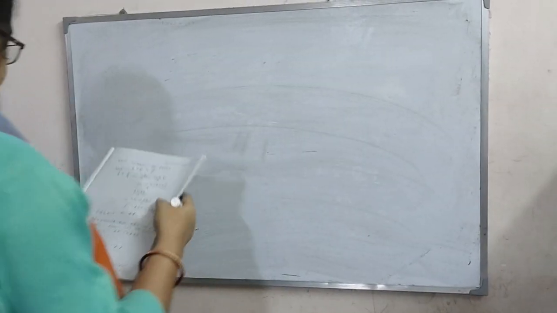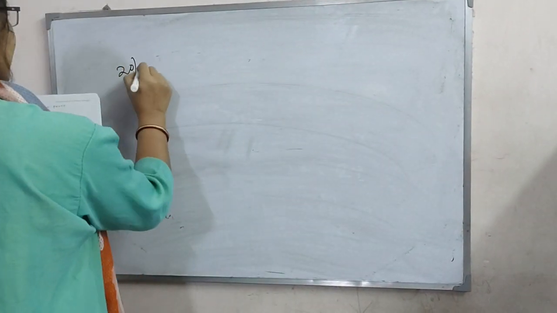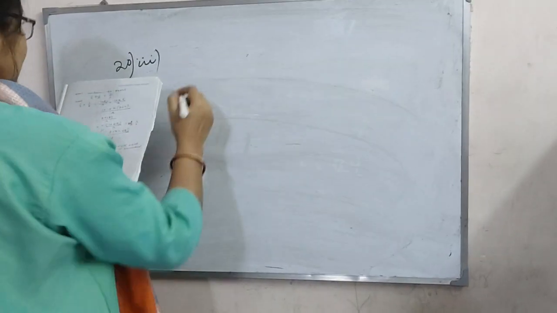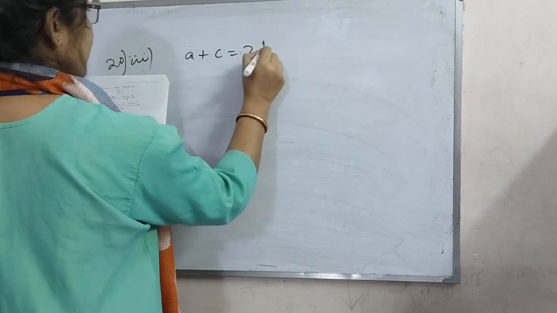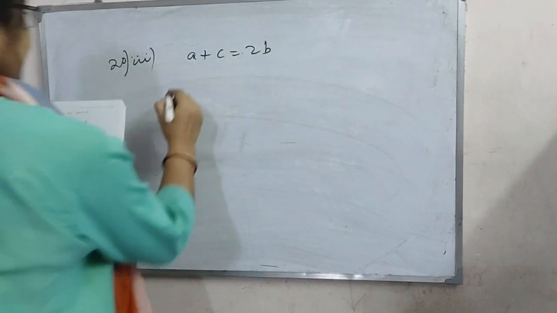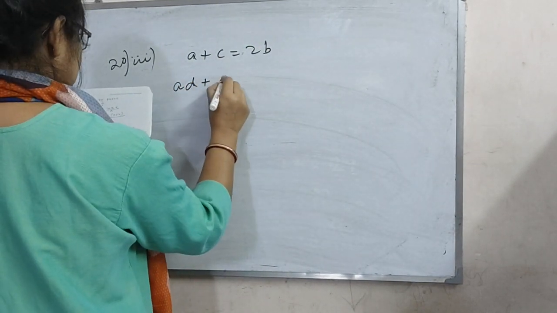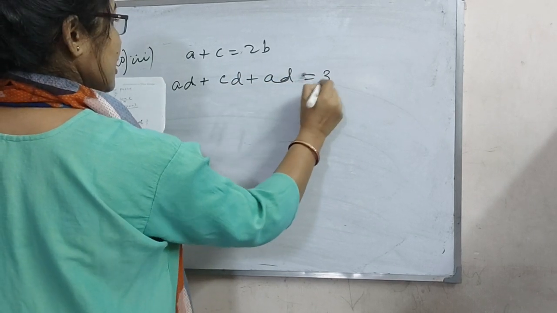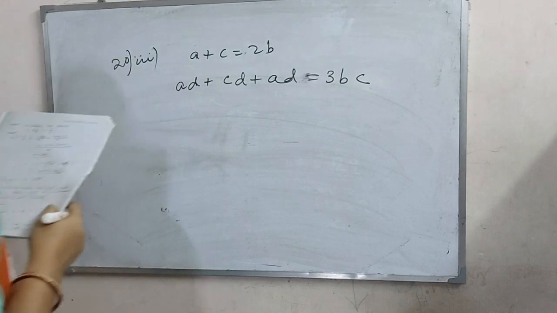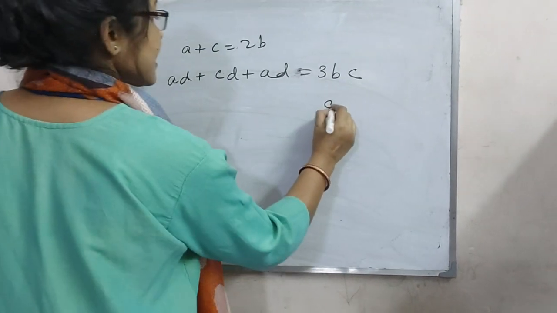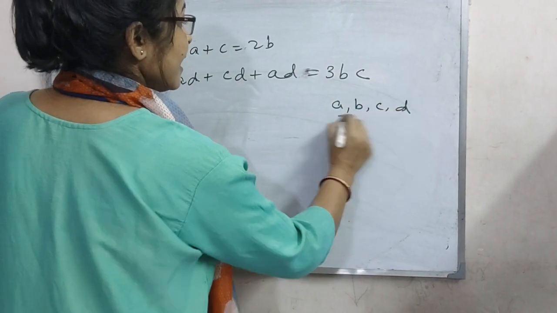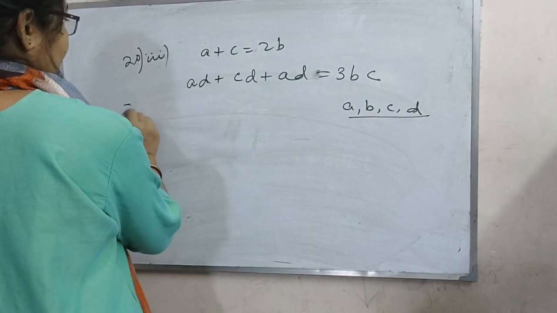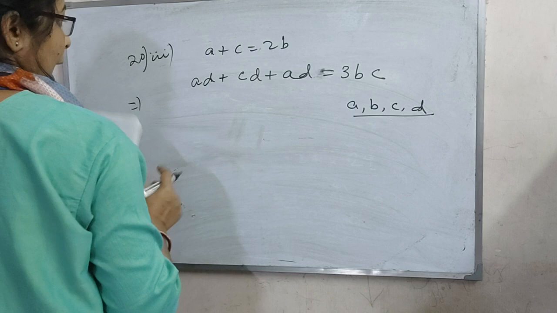Next, sum number 23. If a plus c equals 2b and ad plus cd plus ad plus ad, this equals 3bc, prove that the 4 numbers a, b, c and d are in AP.